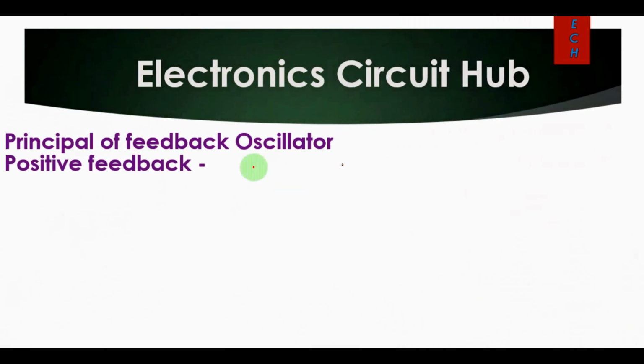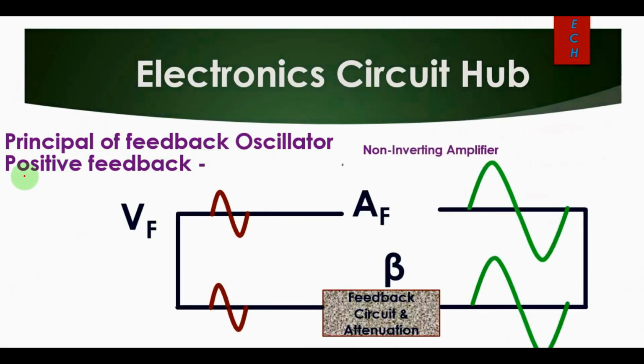Now we will understand the principle of the feedback oscillator, or the principle of positive feedback, right? You can see here this is the non-inverting amplifier with gain AF, and this is the feedback circuit, and the attenuation factor here is beta.